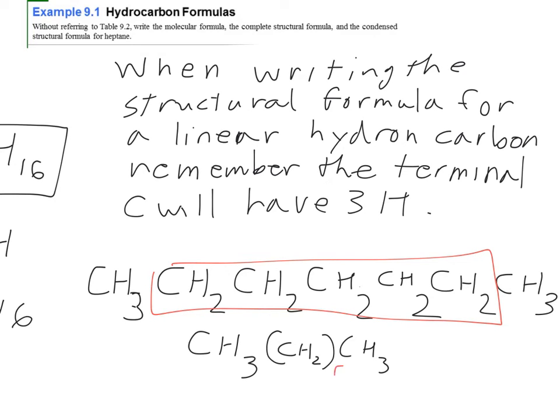So we could write it 5 down there. So we could say CH3, open parentheses, CH2 sub 5, close parentheses, CH3. That's another way of writing our heptane. Rather than having to give ourselves writer's cramp of repeating that all the time, we can just write it in parentheses and say, hey, we're repeating it 5 times.